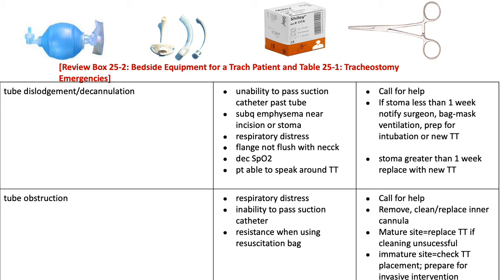Unexpected outcomes are a partial tracheostomy tube dislodgement or decannulation. Decannulation is a complete removal of the tracheostomy tube, which is a medical emergency. If this happens within the first week of the stoma being placed, and at this time period, when the patient has a new tracheostomy tube placed, it takes about 1 week for that stoma to heal.